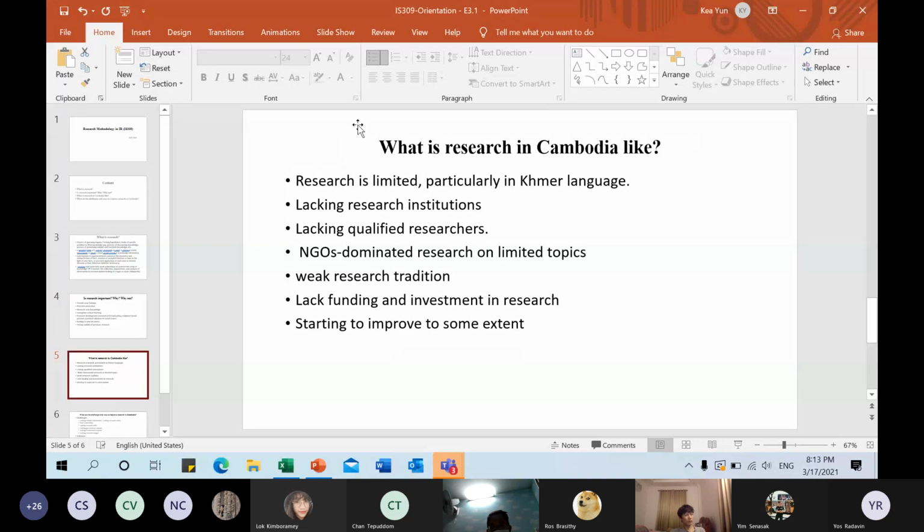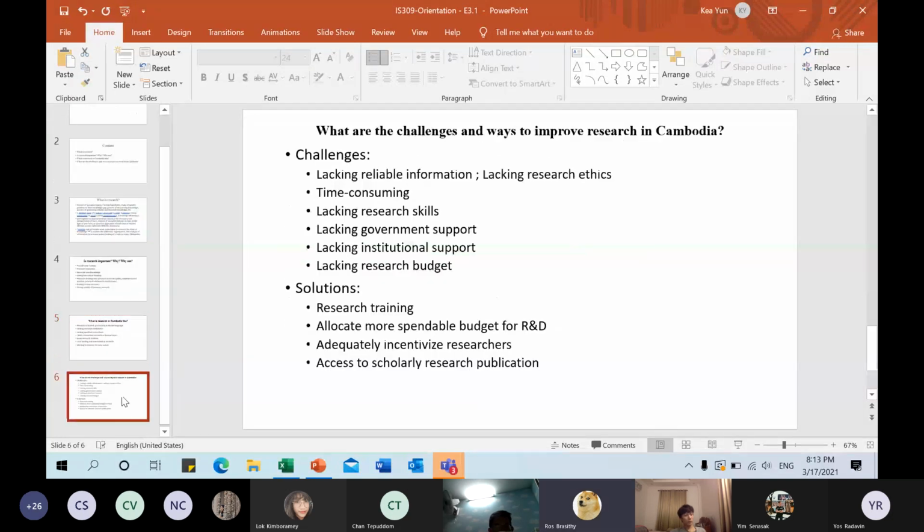The general assessment of the research situation in Cambodia is mostly negative, so I add something a little more positive here at the end. Very interesting, you came up with the real challenges and some solutions. Usually developing countries have many challenges, right?